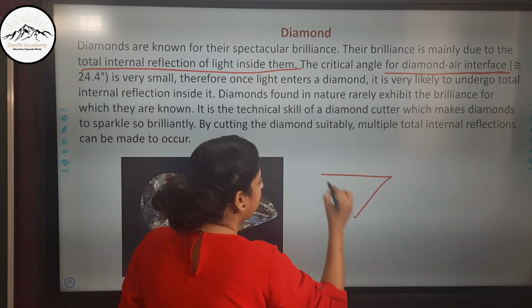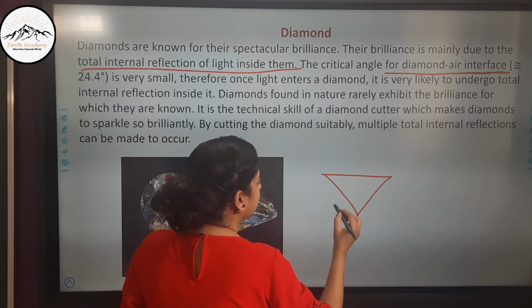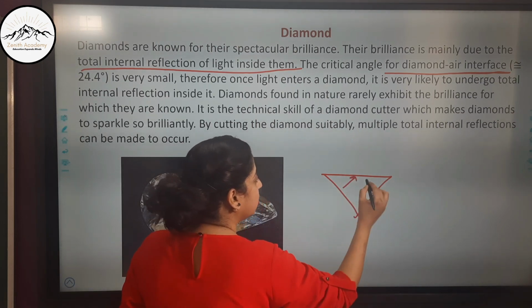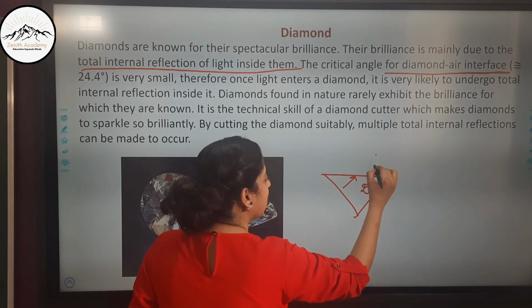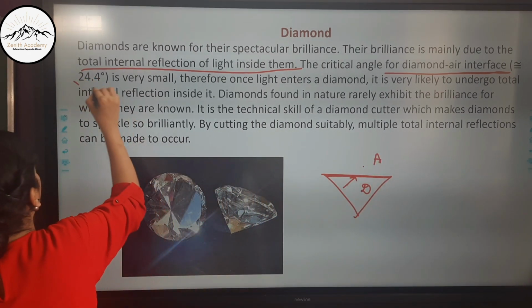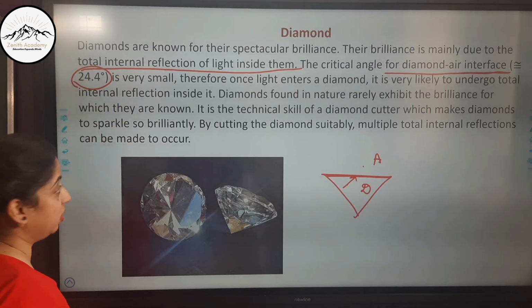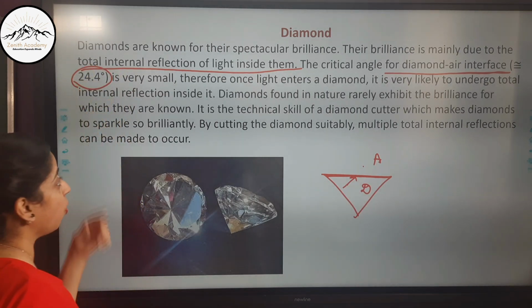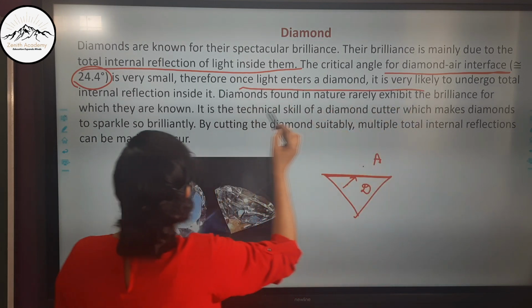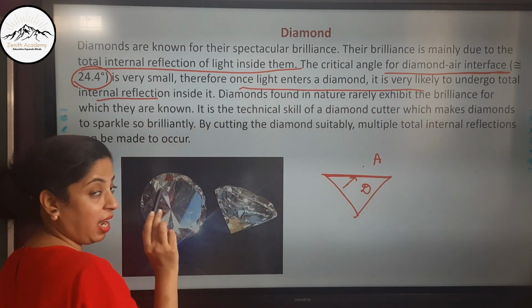Suppose this is the diamond and this is air. Therefore, once light enters a diamond, it is very likely to undergo total internal reflection inside it.